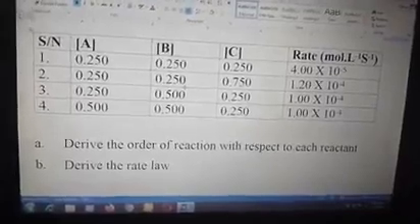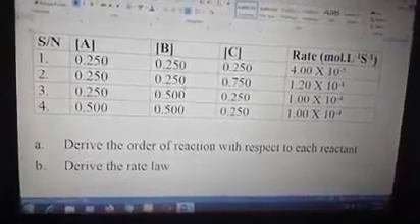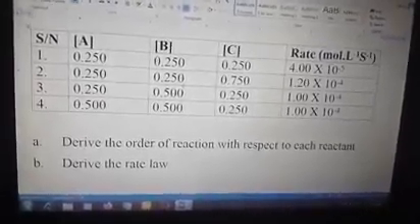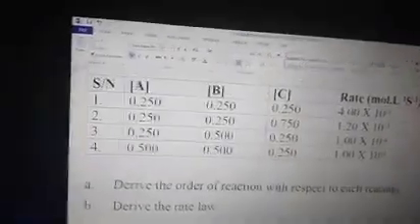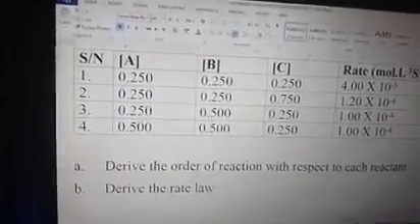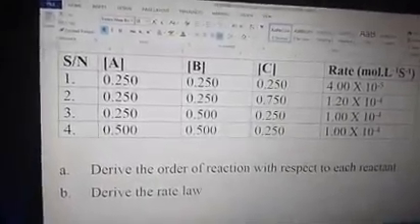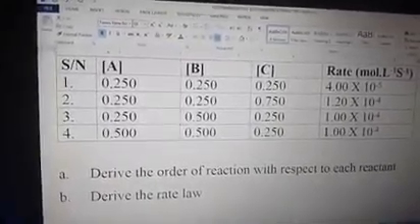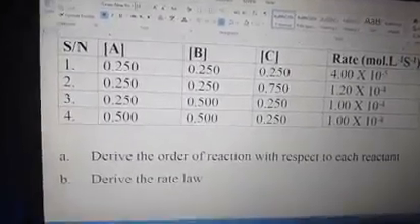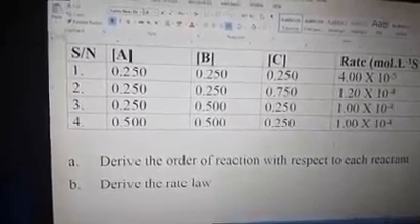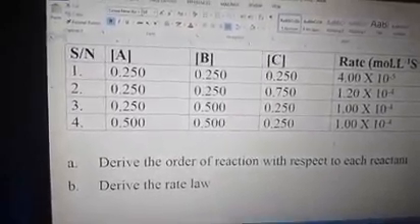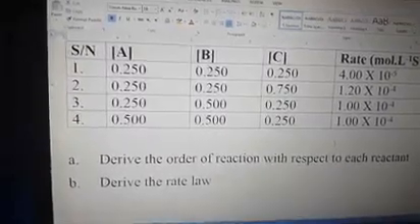So let's take a general overview. In experiment 3, A and C have the same concentration. In experiment 3 and 4, the concentration of B is constant, 0.50 and 0.50.